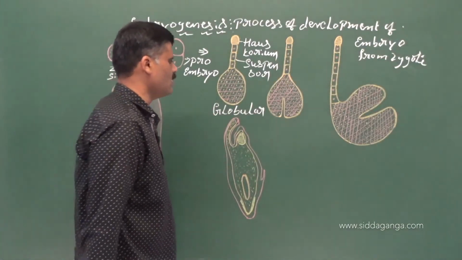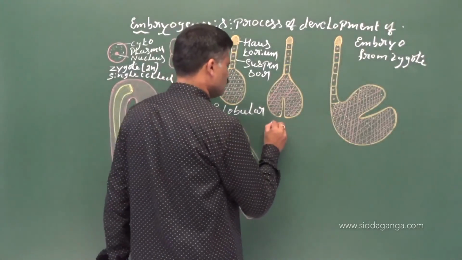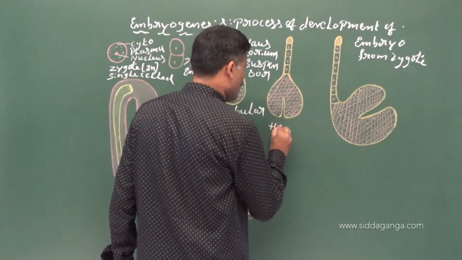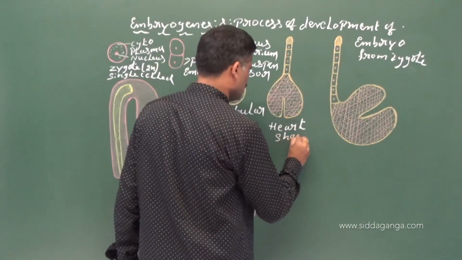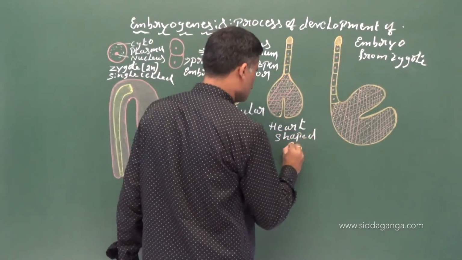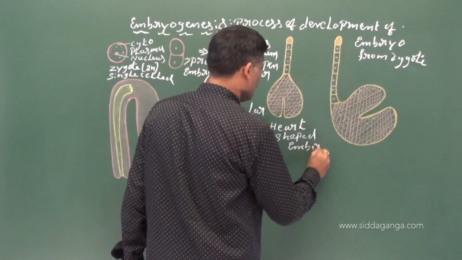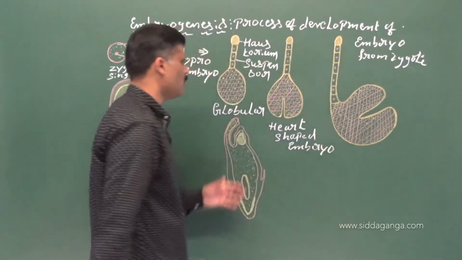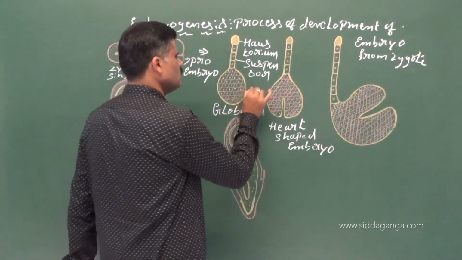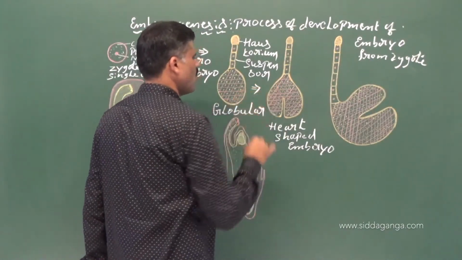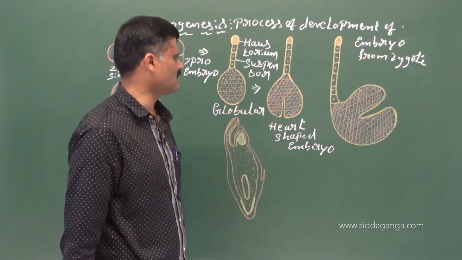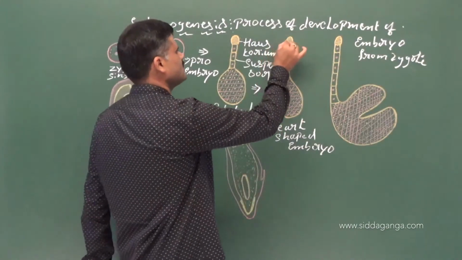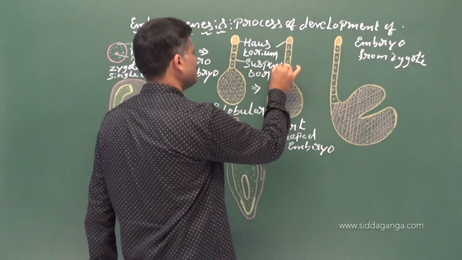Next, the globular embryo gives rise to a heart shaped embryo. See here, the globular embryo develops into a heart shaped embryo. The embryo looks like a heart-like structure, and here it consists of the ostomium and the suspensor.